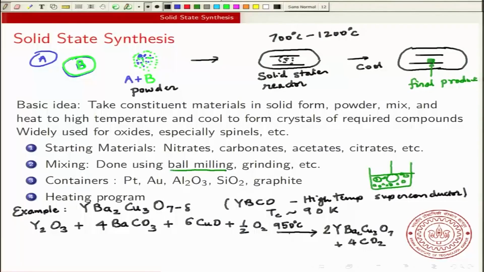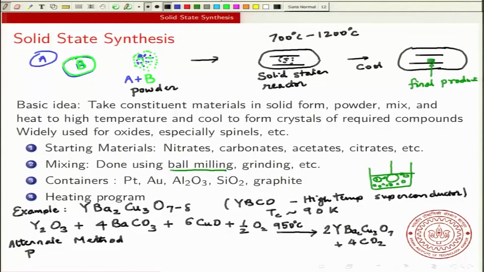So an alternate method is to make sure that carbon dioxide is not produced. And this can be done by using a nitrate as a starting material.